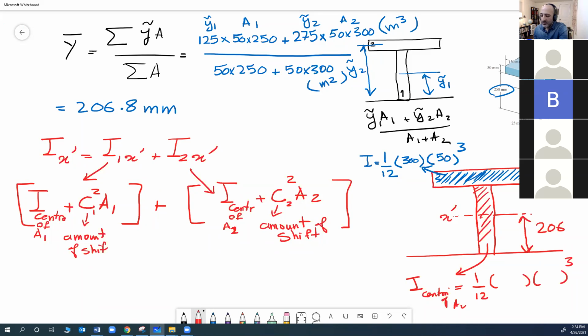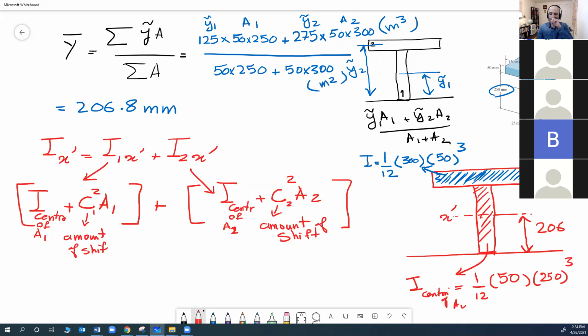The base. Yes, so the base, which one should I put here in the first parentheses? How much is the base? 50. And then this side, which is 250, is going to be cubed.